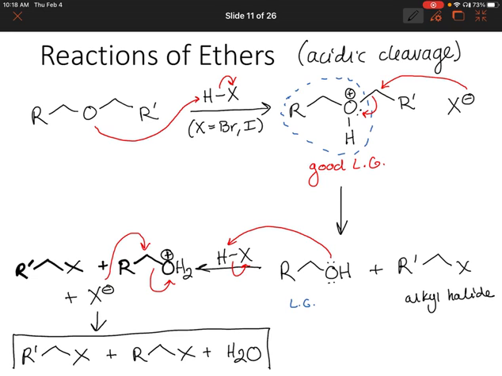So in this reaction, we took an ether, and then we used an acid to produce alkyl halides. So that can be pretty useful if you're trying to produce specific alkyl halides for maybe another reaction down the line.